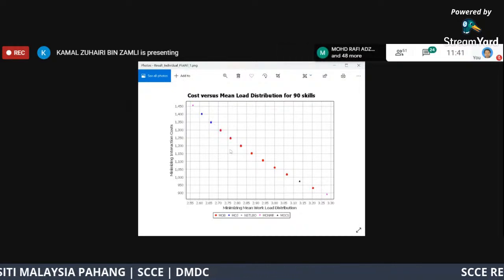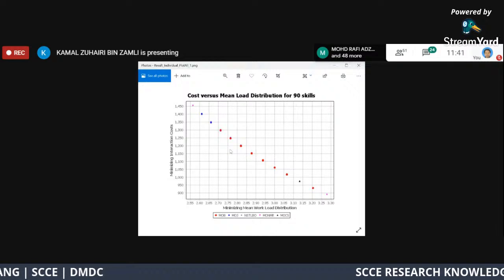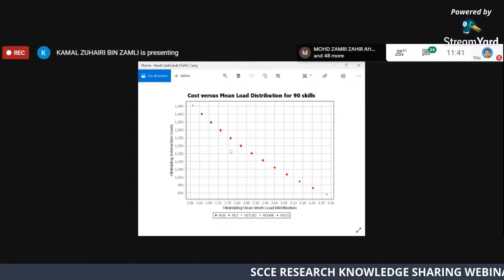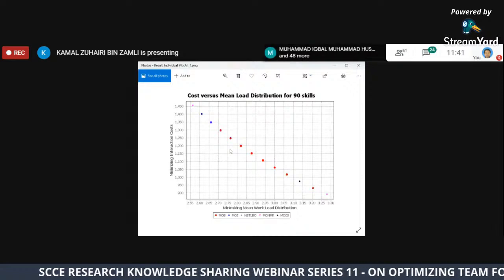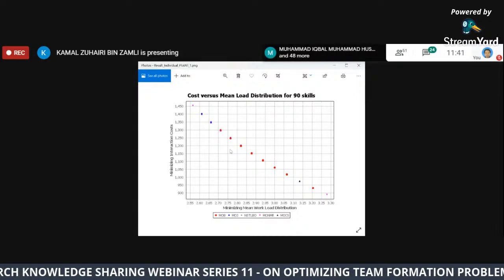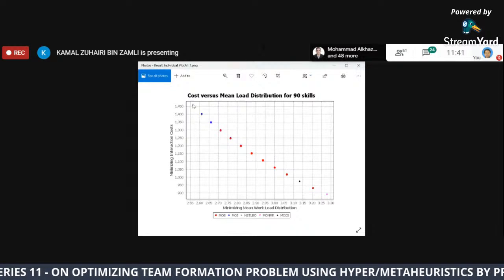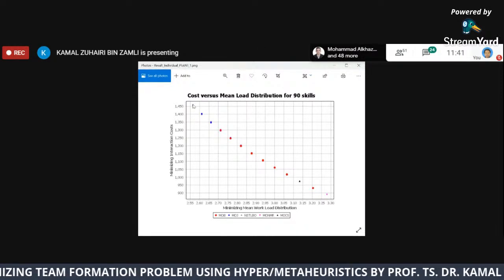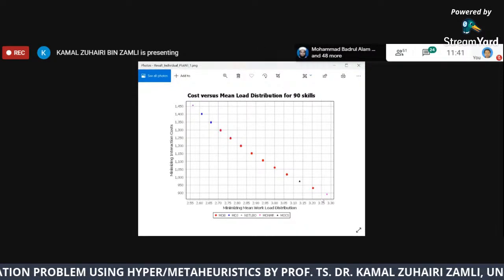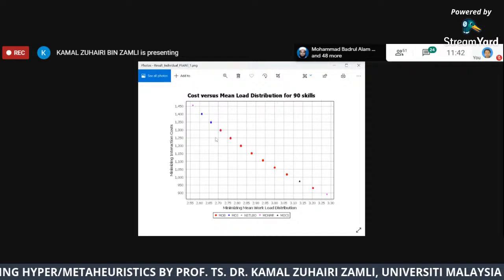So what I showed you now is the multi-objective one. Although when I give my talk, I don't talk about multi-objective, I talk about single objective, we have implemented the multi-objective one. The reason is that I've upgraded my code to be multi-objective, so if you want me to do single objective, I have to revert to my old code. This is for the team formation problem.